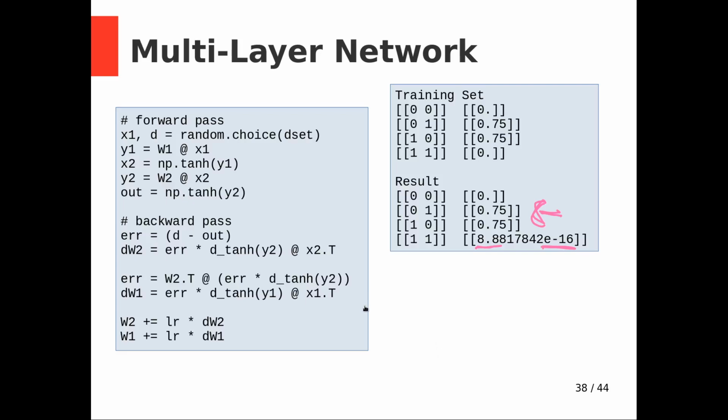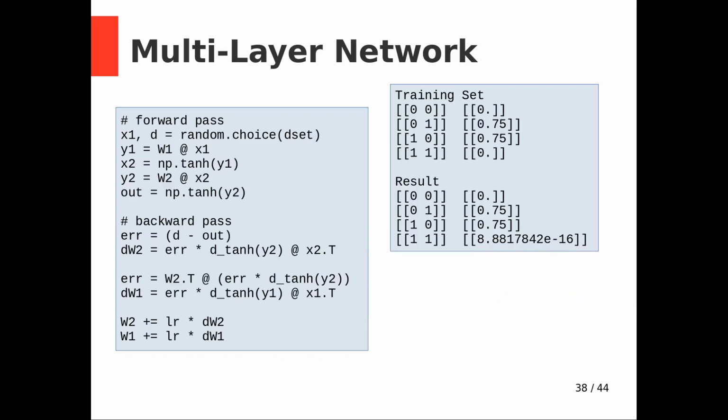So that's 0.1, 2, 3, 4, 5, 6, 7, 8, 9, 10, 11, 12, 13, 14, 15 zeros. Very, very small, arbitrarily close to 0, as close to 0 as we could want it to be. So with 2 layers, our network is able to easily learn this rule.